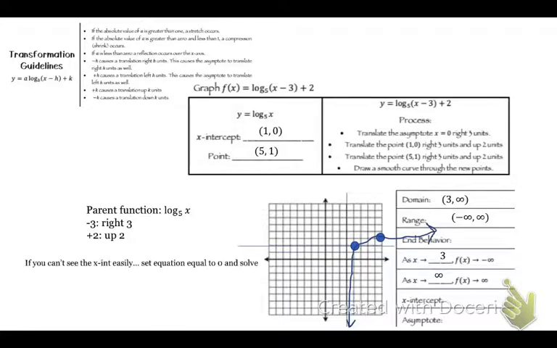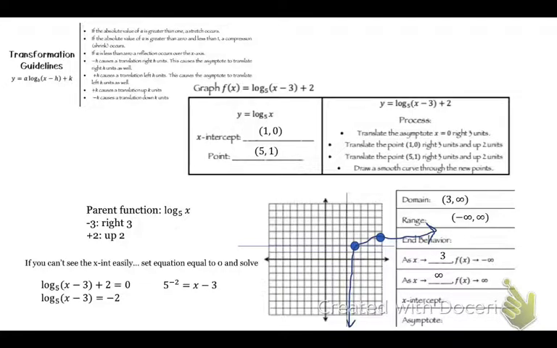Our x-intercept, we can't see it easily, so let's solve it. We're going to set this equal to 0. And then we have to solve this for x. So let's start by subtracting that 2 over. Well, now this gets kind of complicated. We know that we can switch forms, so let's do it.